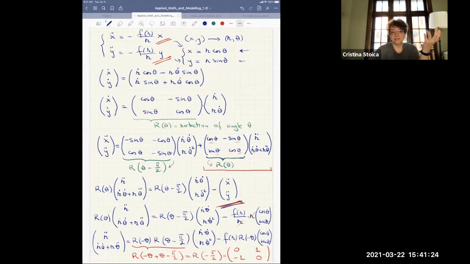mechanics is gorgeous. And as a matter of fact, maybe next time I will tell you how people invented a way to avoid these calculations and just do them at the flip of a finger, okay? And that's called the coordinate independent formulation of mechanics.